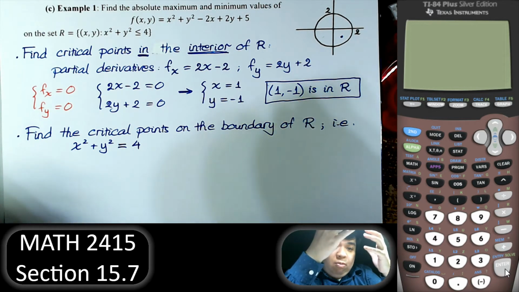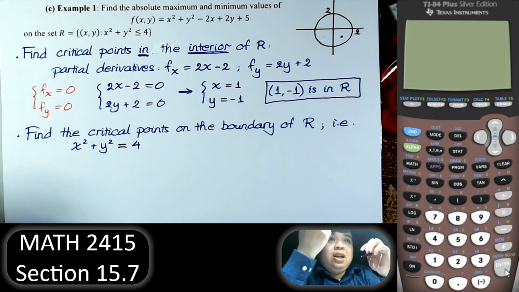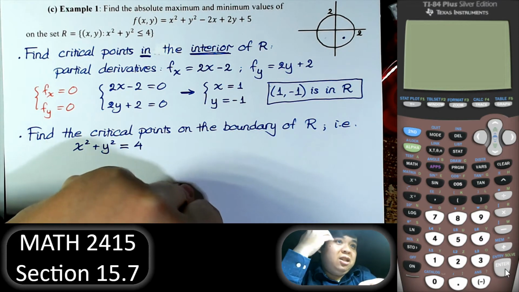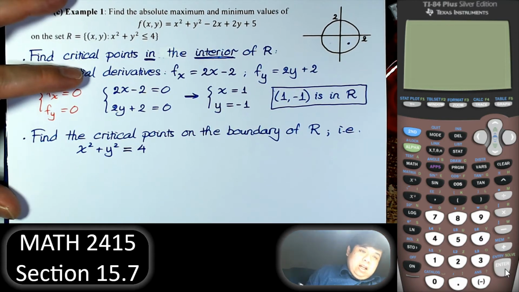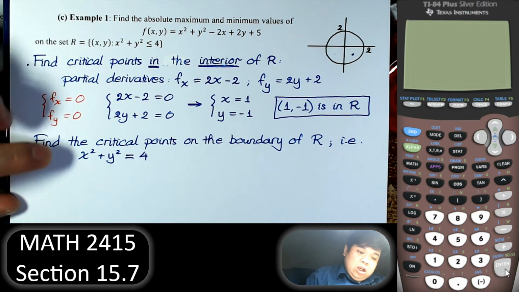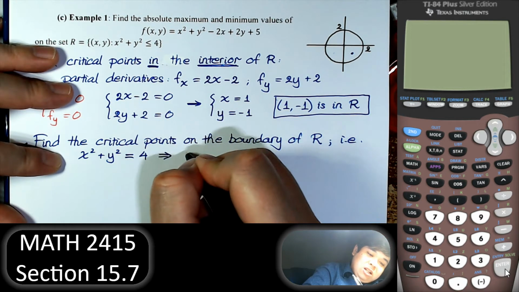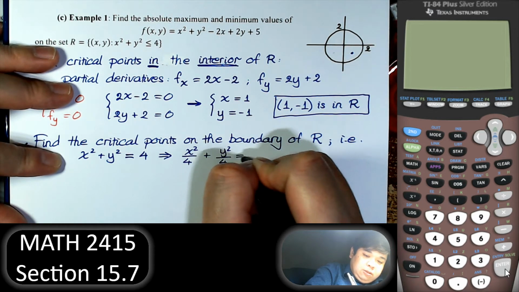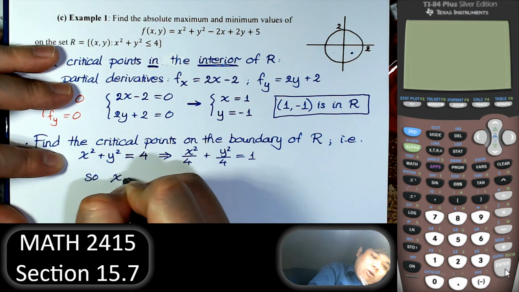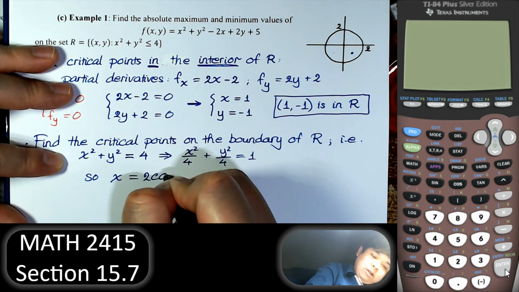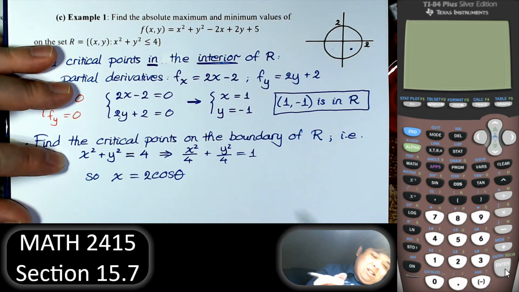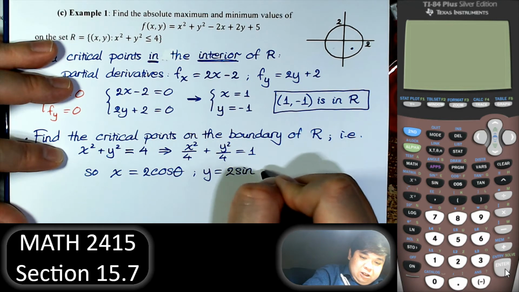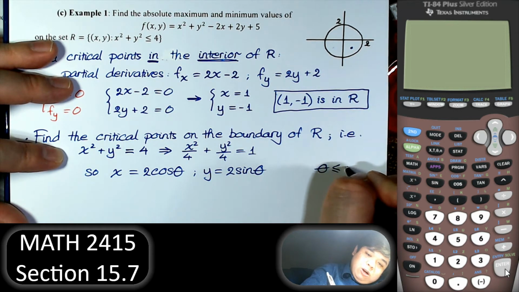Now if it is on a circle, then we just need one parameter because the circle is a one-dimensional object. So we parameterize it, and this is easy. This is a circle, so we can write x equal to cosine theta, and y equal to sine theta, and let theta be 0 to 2 pi.